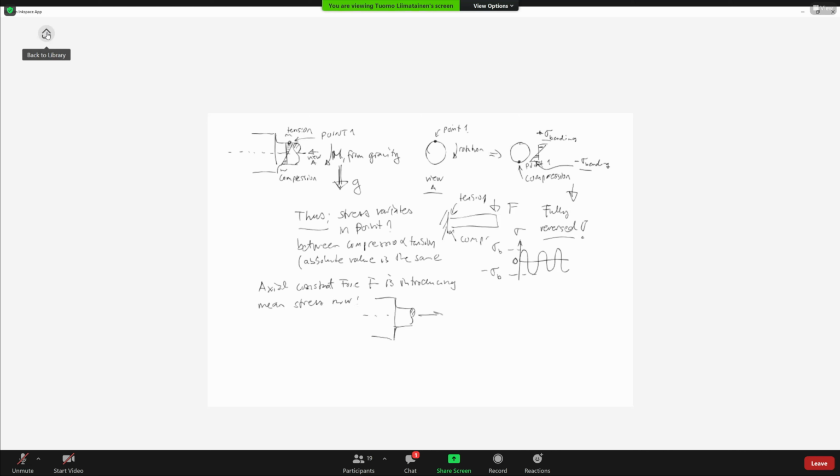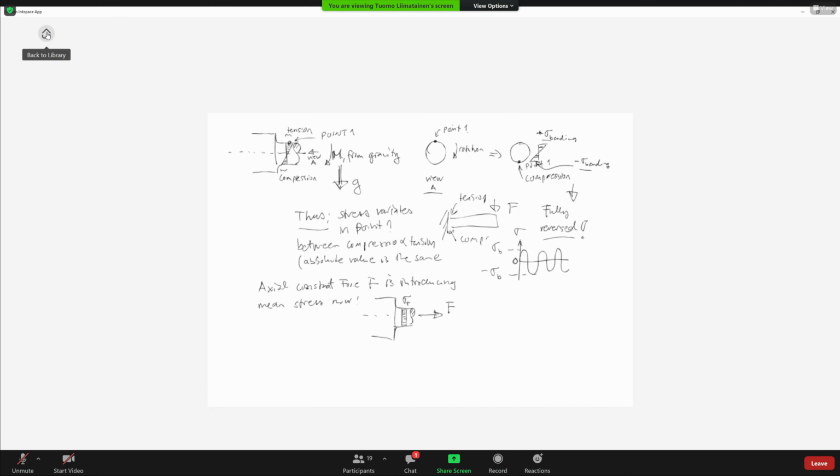Now we have this axial force F, and the distribution is, of course, evenly distributed all over the surface, right? Yes.